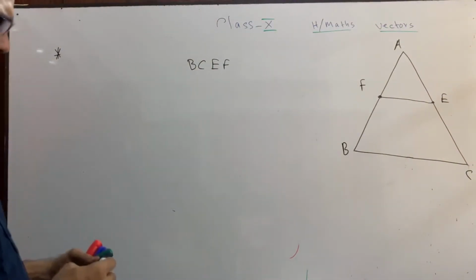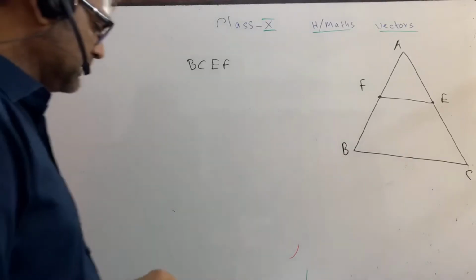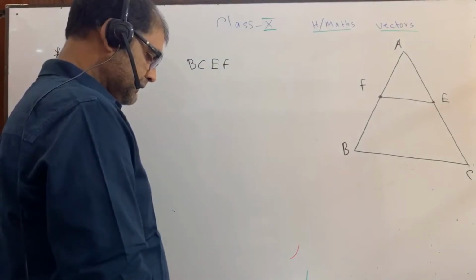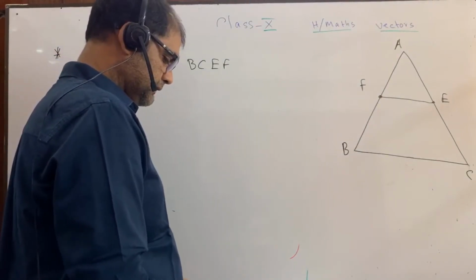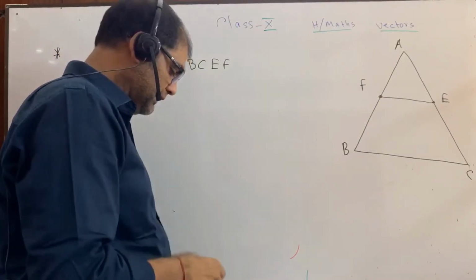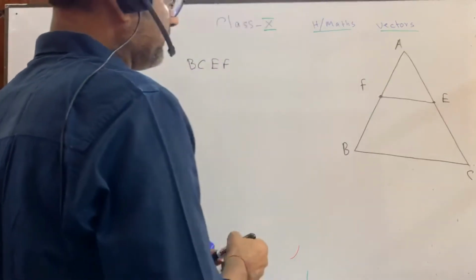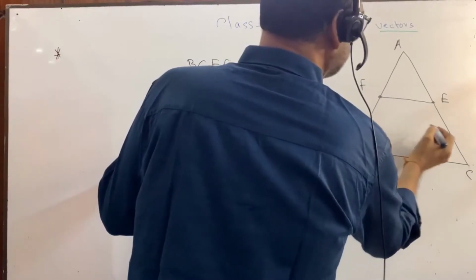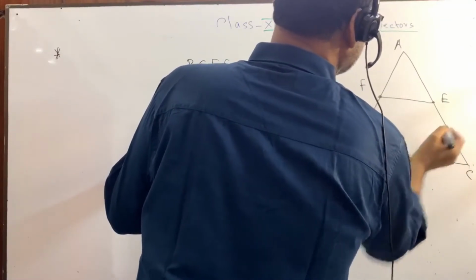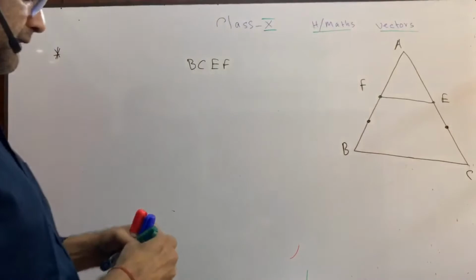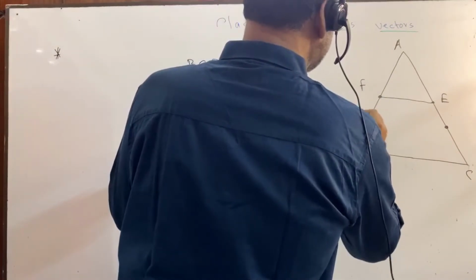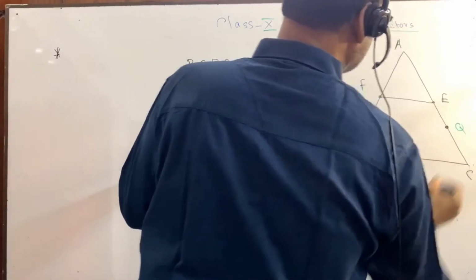Now dear students, suppose here we are getting a midpoint. It is a midpoint, it is another midpoint. You suppose name it. Suppose it is P and it is Q. What we are getting?